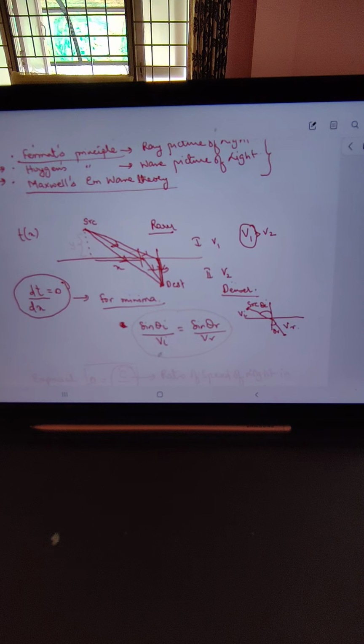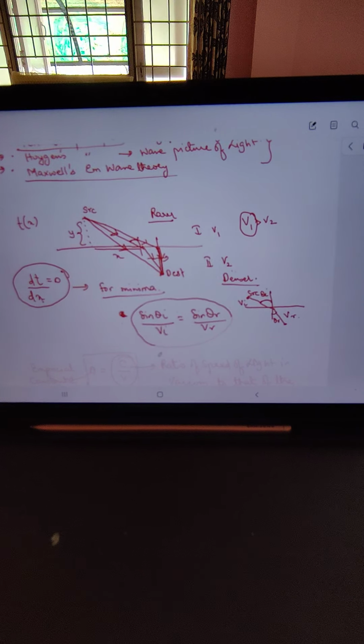When you differentiate time as a function of x, this y is fixed, only this x is varying. As x is varying, theta is also varying, so this theta can be related to x. After differentiating and putting it to 0, you get this condition.